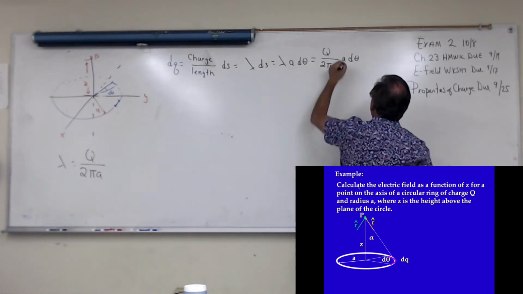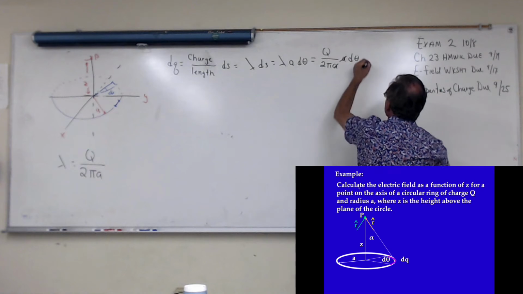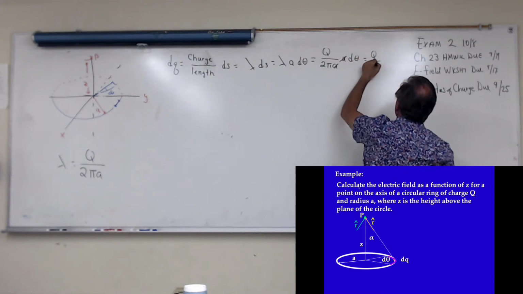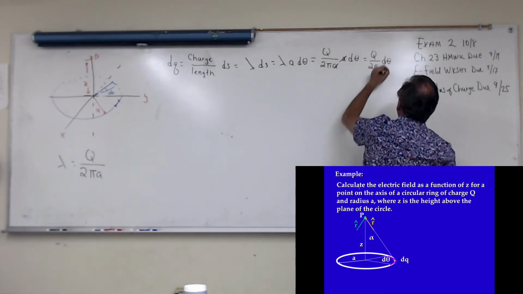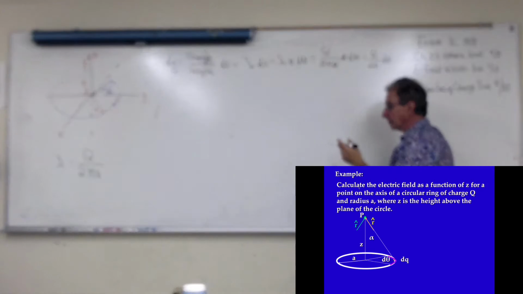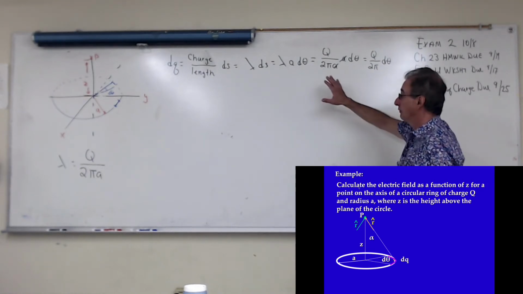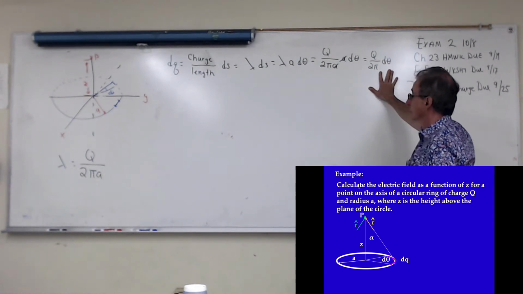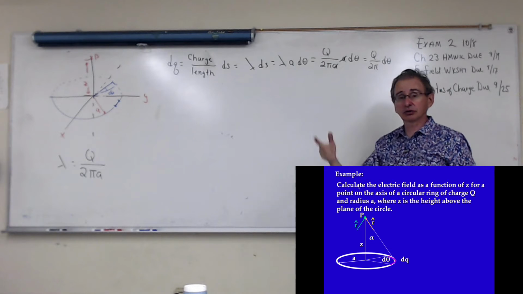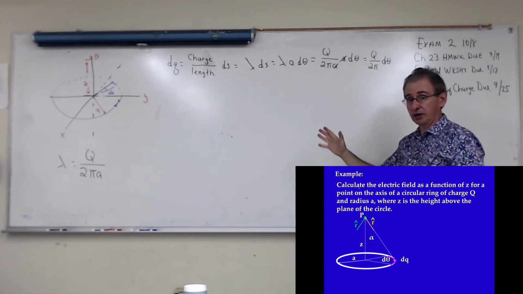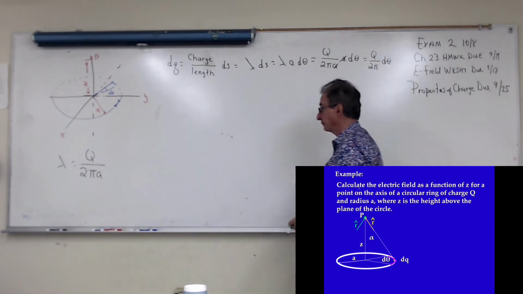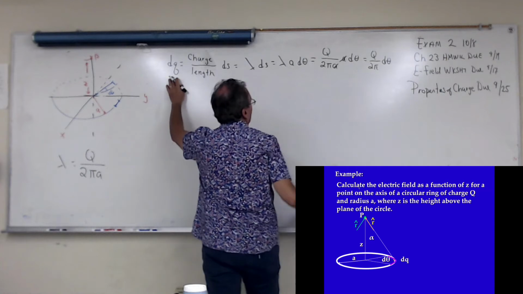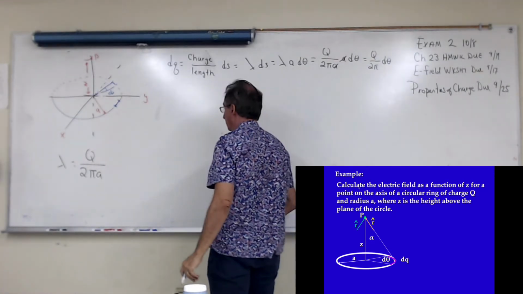Then I cancel out my a's. And if you notice, if I integrate my dq from 0 to 2 pi, I get the total charge q. Okay, so dq is q over 2 pi d theta.